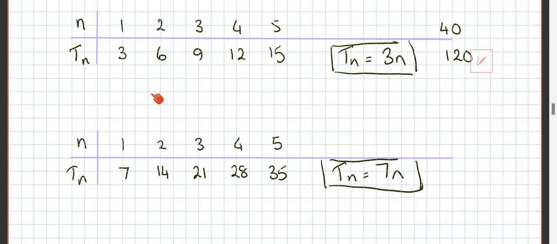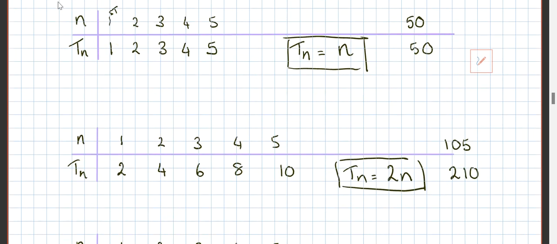Now, the reason why I've done this is because all our linear sequences are based around the times tables. Because every sequence goes up by an amount, just like the times tables. So when we have our sequences, what we do is look for which times table the pattern is based around. And how do we do that?